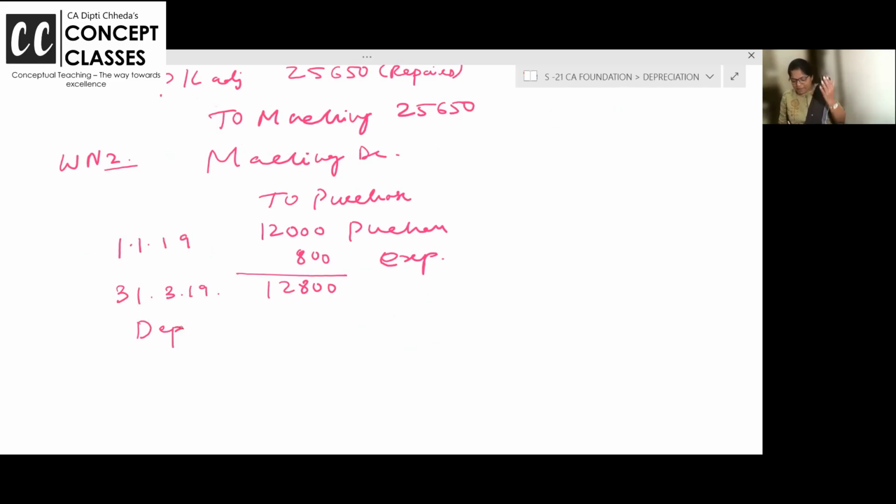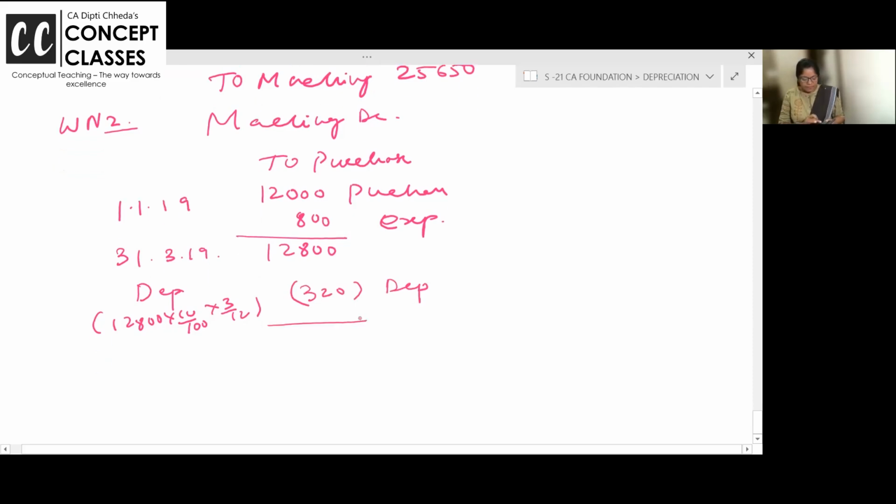If you would have capitalized at that time, you would have charged depreciation also. 12,800 into 10% into 3/12, only 3 months, 320.